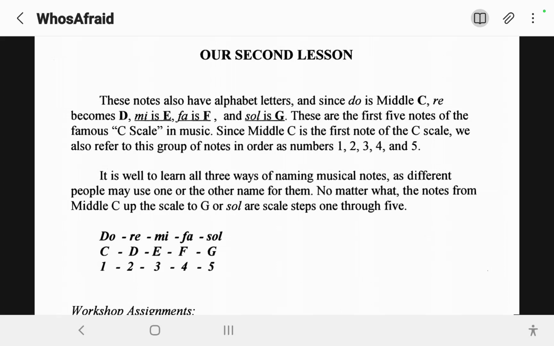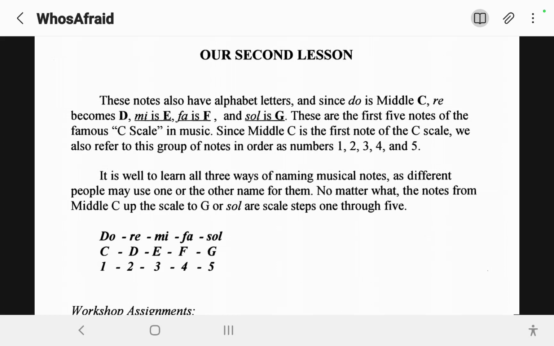And since do is middle C, re becomes D. Mi is E. Fa is F. Sol is G. These are the first 5 notes of the famous C major scale in music.